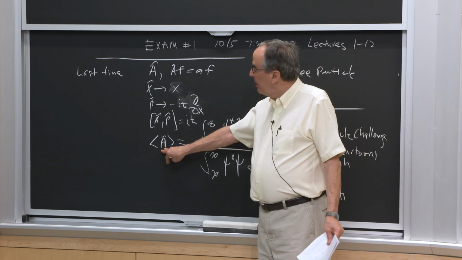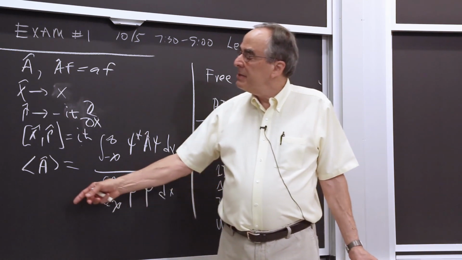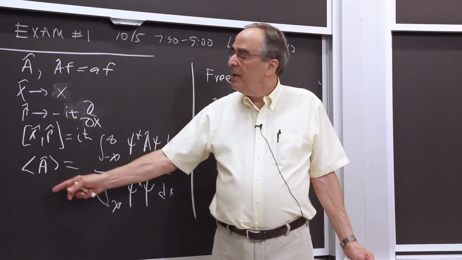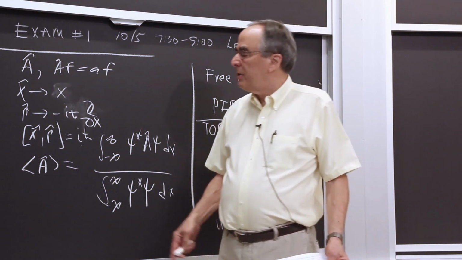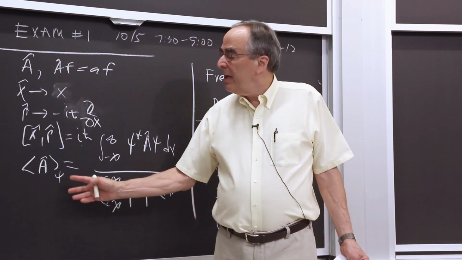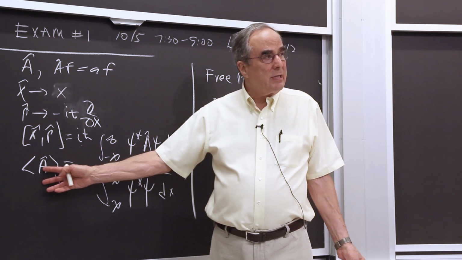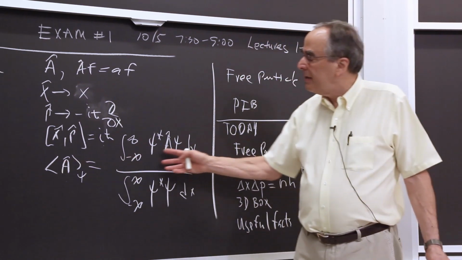We have an operator, and we often want to know the expectation value of the particular function. So we have some function, and we want to calculate its expectation value of operator A, and this is it.